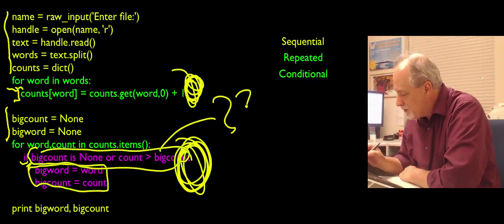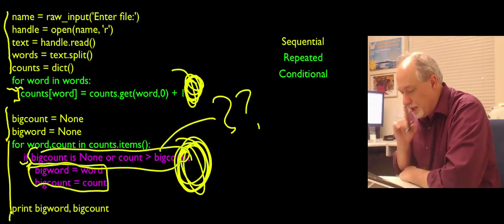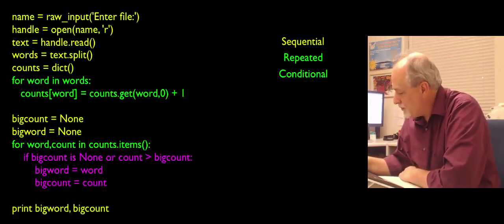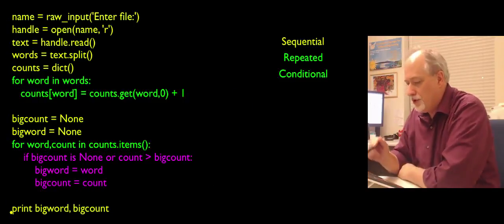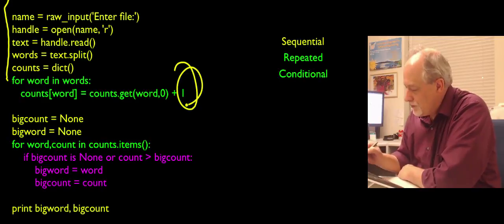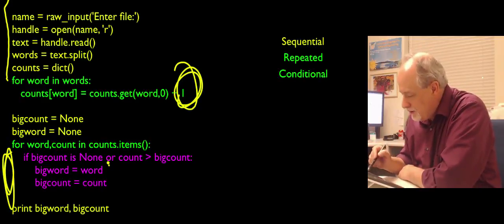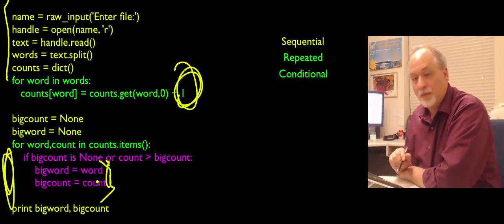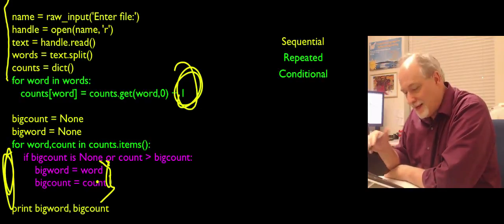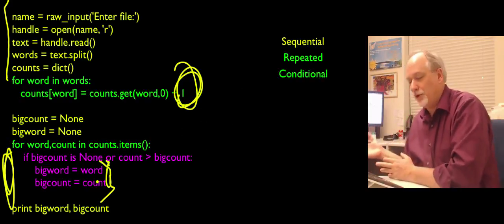So that's the question. And then at the end we do a print. Now, again, don't try to make too much sense of this. I'm just trying to show you sequential, repeated, repeated, conditional. Okay? Just those concepts show up in pretty much every program that we build.